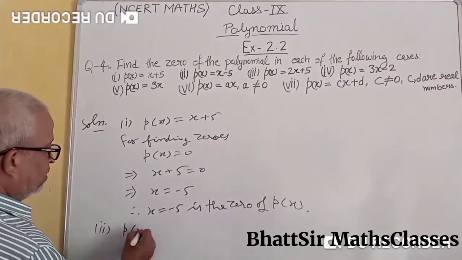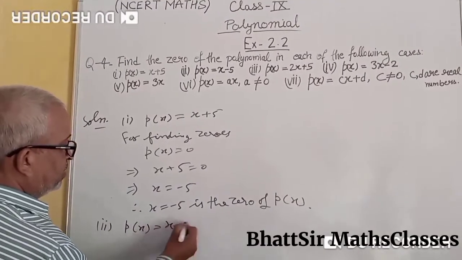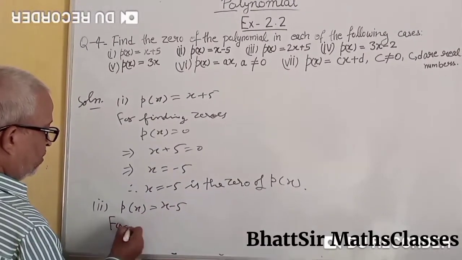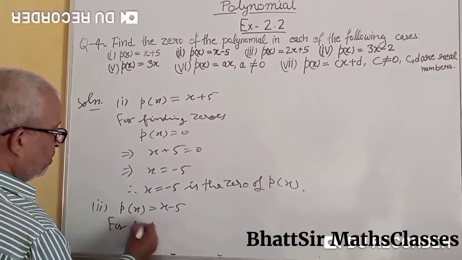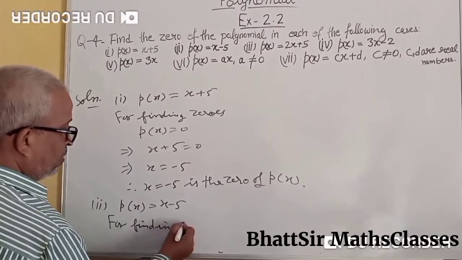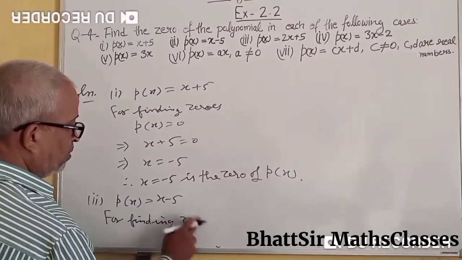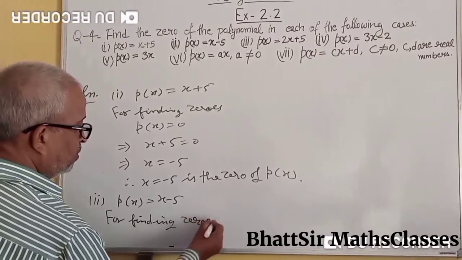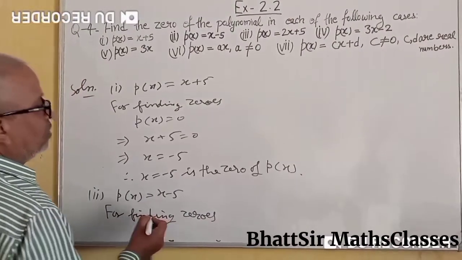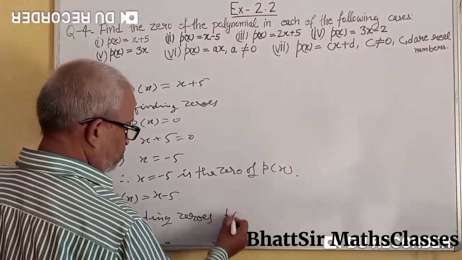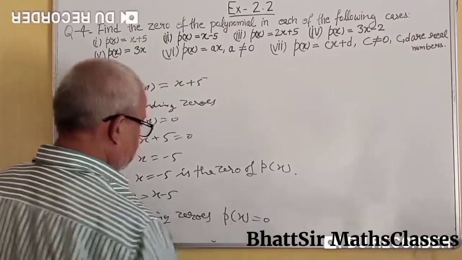Now I am attending the second part. P(x) equal to x minus 5. For zeros, P(x) equal to 0.